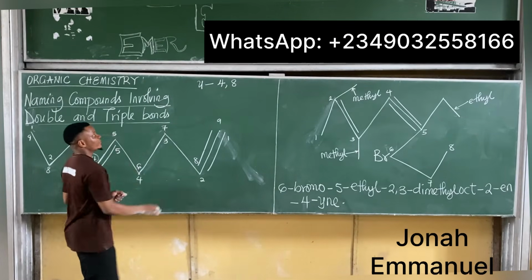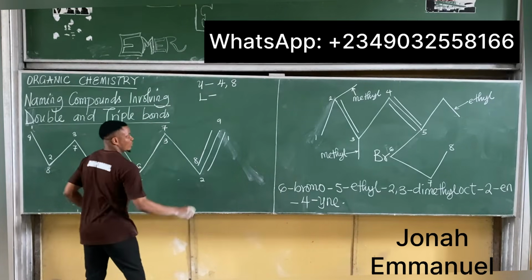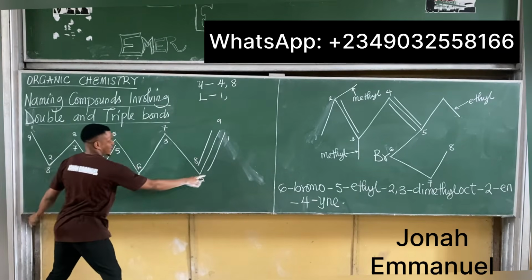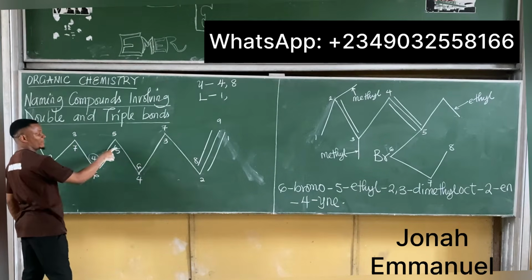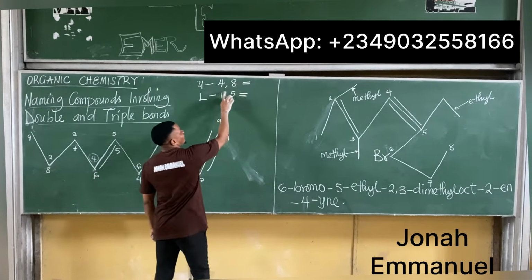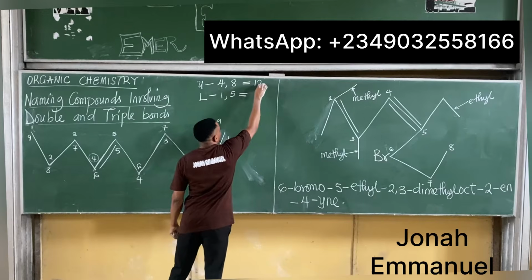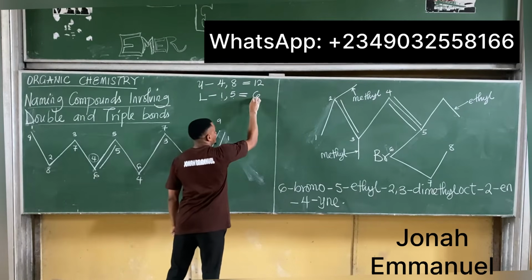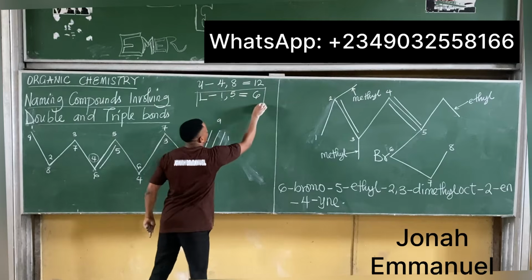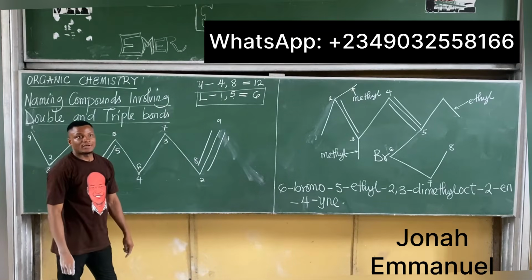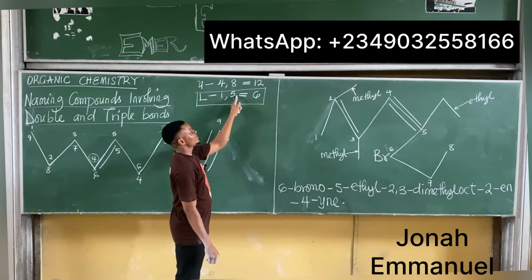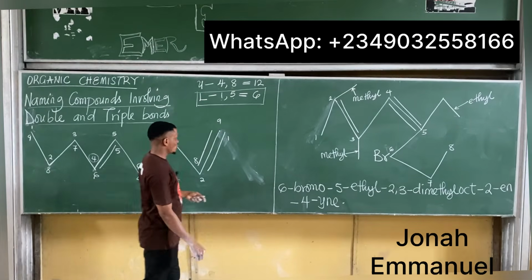If I go with lower numbering, I'm having 1 and again 1 and 5 before double bond, 1 and 5. So we'll do a summation. If I sum this it gives you 12, sum this it gives you 6. And now you take the one that gives you the lowest sum, which is 6, because if I sum 1 and 5, it gives you 6. So I'll now take the one that gives me the lowest sum. And that's which of them?